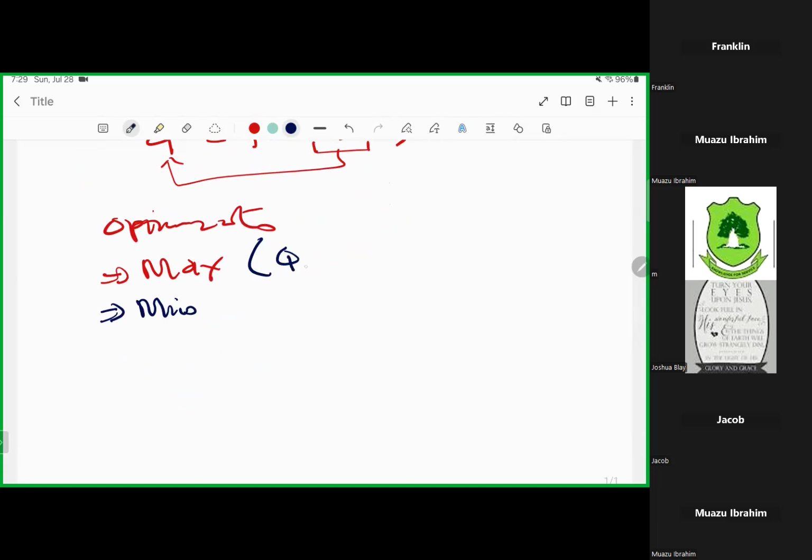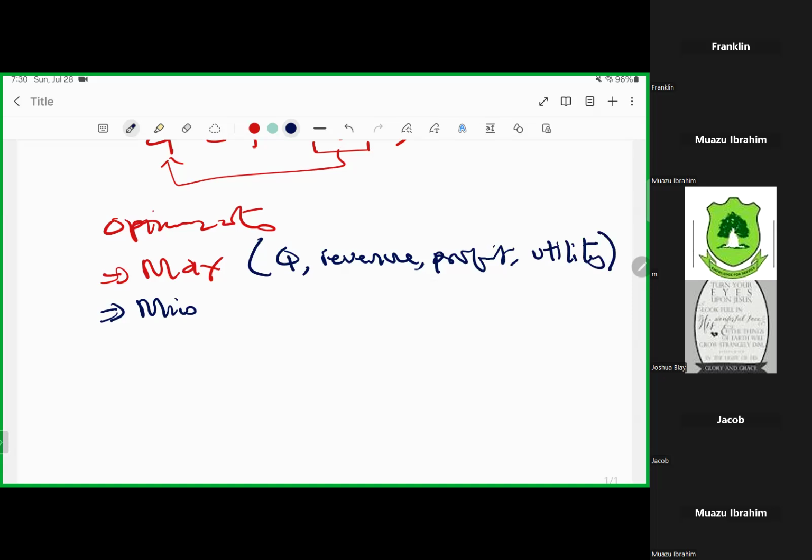Another thing a firm would want to maximize is revenue. Something that a firm also wants to maximize is profit. At the individual level, when you are looking at consumer theory, you want to maximize your utility, the utility that you will derive from consuming a particular commodity.